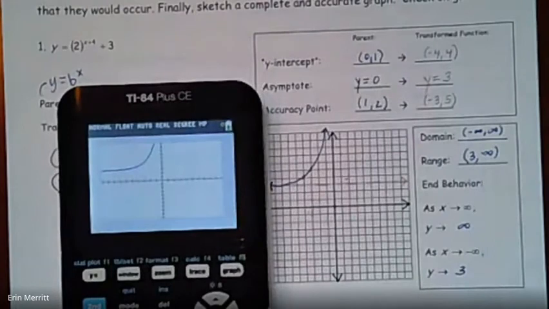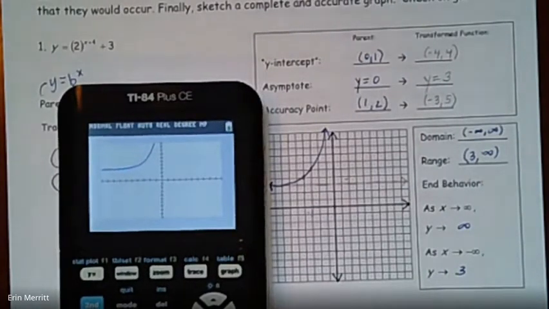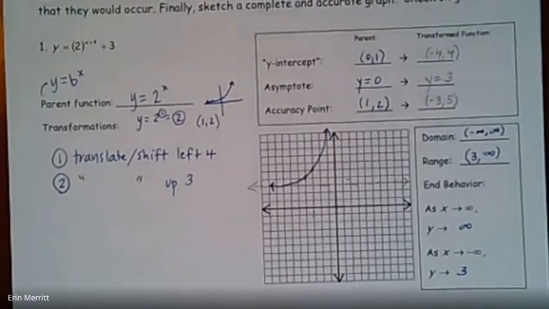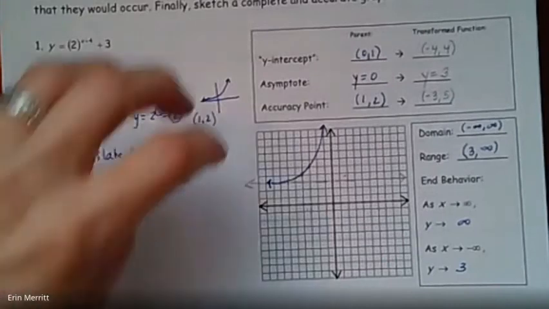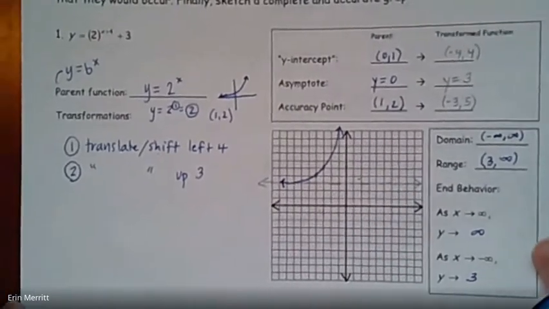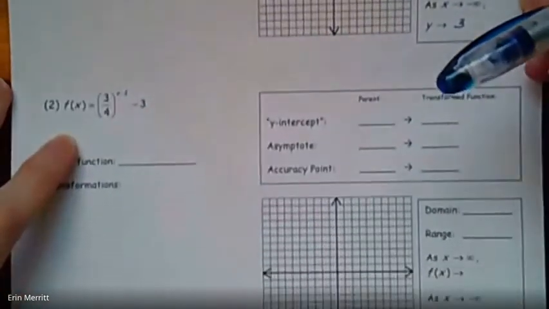So when you have a nice equation, you can absolutely use the calculator for reinforcement or to help you fill in any blanks. The reason we approach it this way is if I were to give you a generic graph and then say shift it this certain direction or reflect it this way, I'd want to make sure that you could handle it without the support of your graphing calculator.